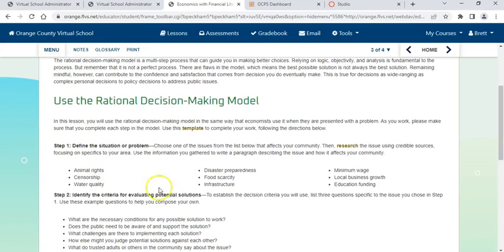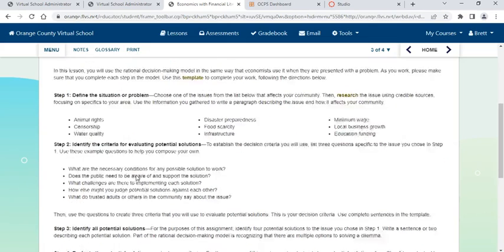It could be something on any of these issues here: animal rights or censorship, water quality. It could be minimum wage, food scarcity, disaster preparedness. You can find lots of information if you look up things for FEMA or internet censorship. There are lots of info out there.